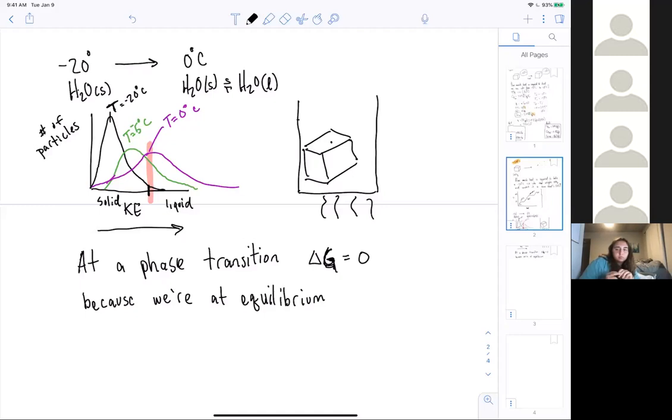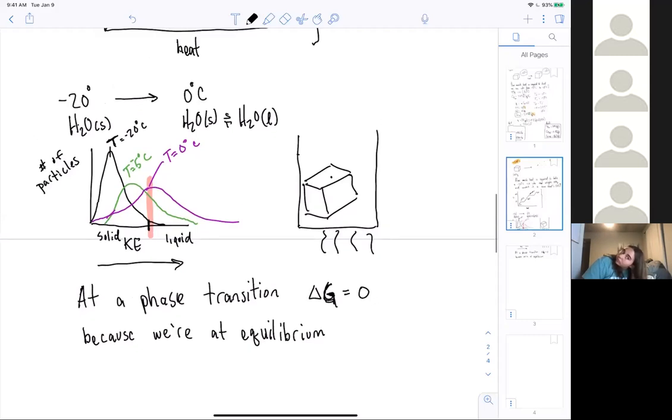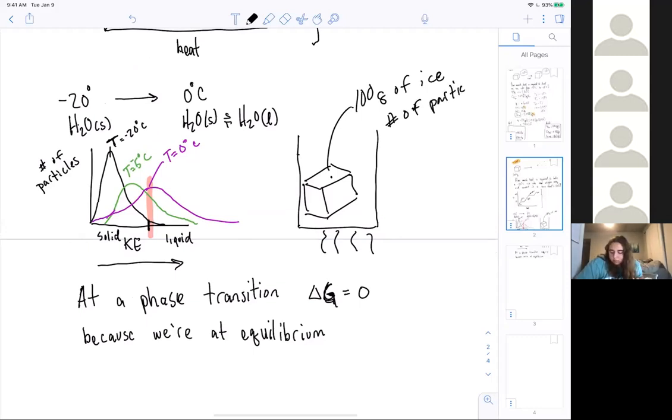Let's see, I've got a question. For the number of particles, what does that pertain to? The vapor? So the number of particles is literally the number of particles in the system. We've got 100 grams of ice here in our problem. If you converted that to moles and then to the actual number of molecules of water, that's what it means.